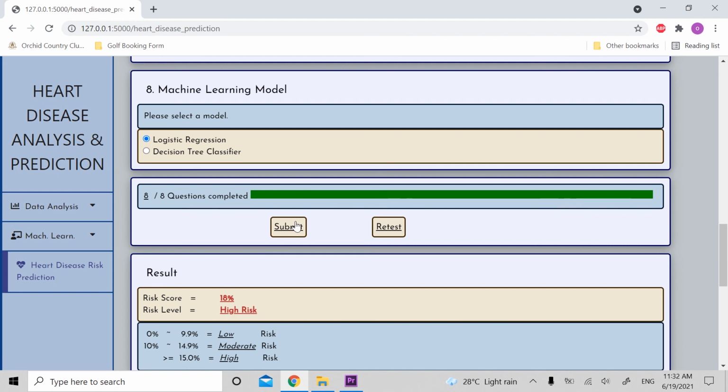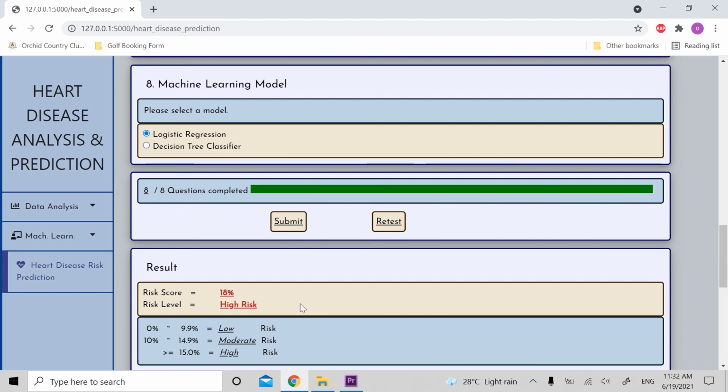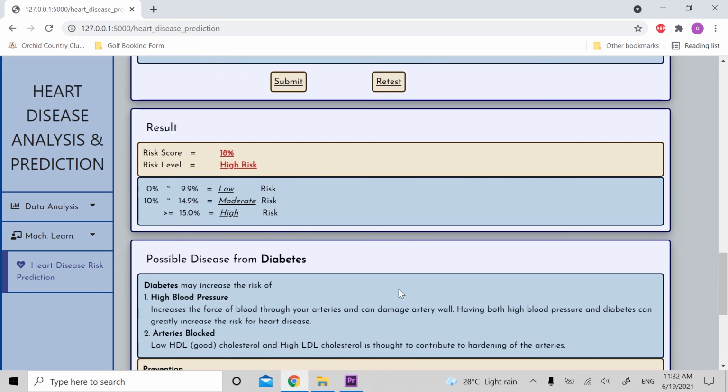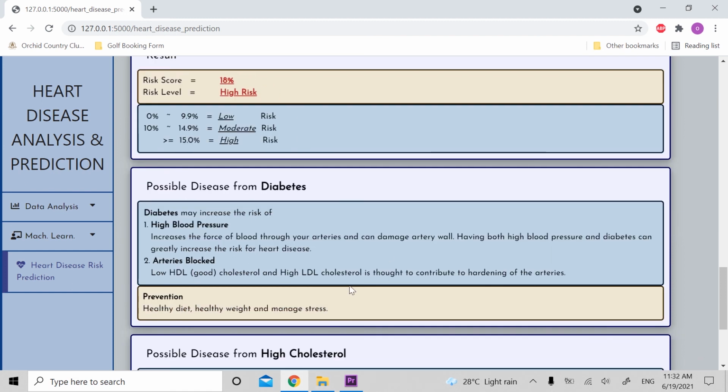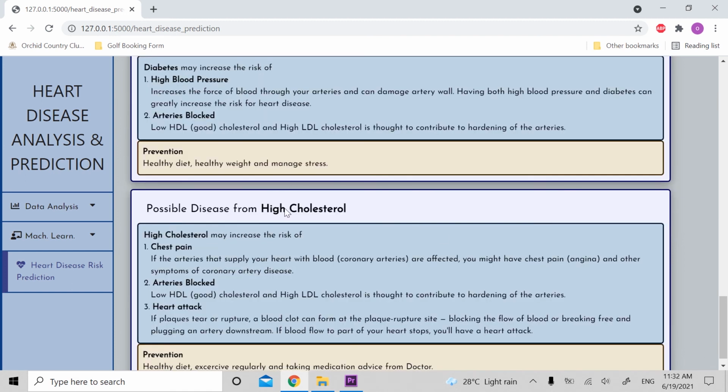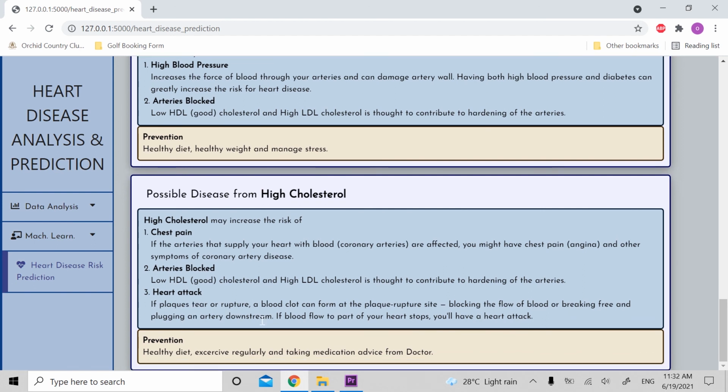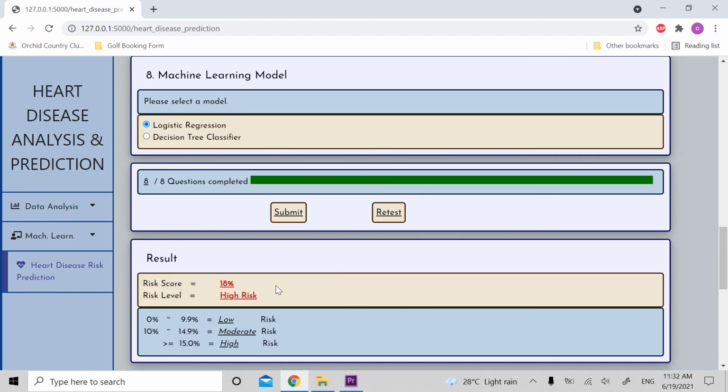Let's click submit. You can see 80% high risk, with possible disease for diabetes and prevention, and possible disease for high cholesterol and prevention. So this is the final result.